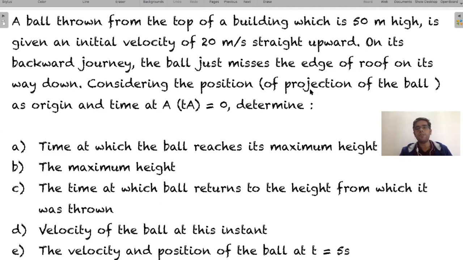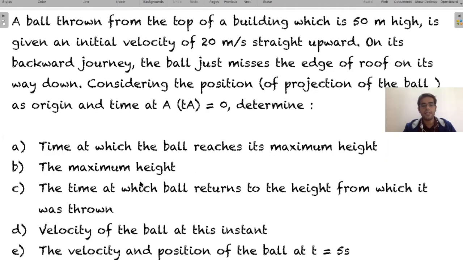Considering the position of projection of the ball as origin and time at A, t is equal to 0, determine the time at which the ball reaches the maximum height, the time at which the ball returns to the height from which it was thrown, the velocity of the ball at this instant, and the velocity and position of the ball at t is equal to 5 seconds. Okay, I'm giving you 3 minutes to solve this question. Please try it once and then look at my steps, what I follow to approach this question.